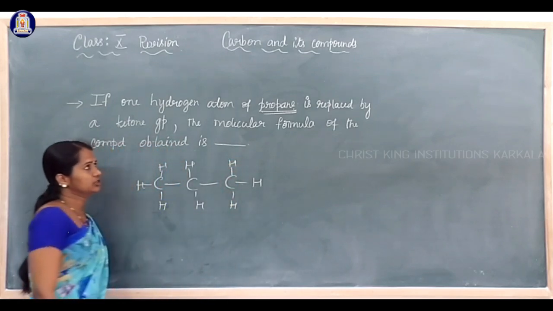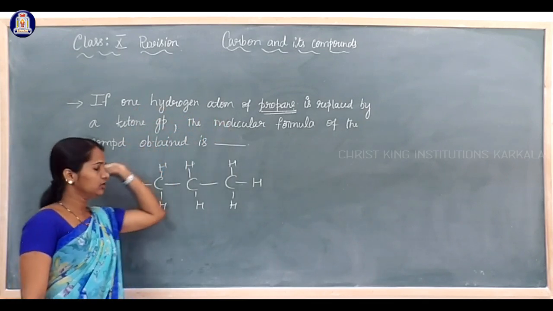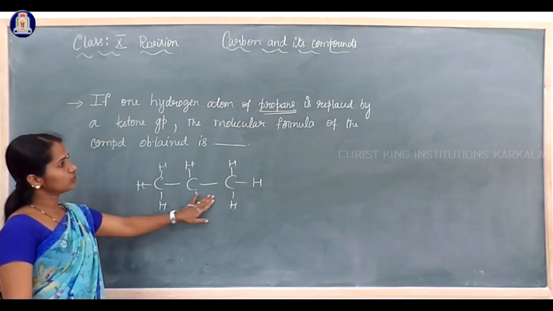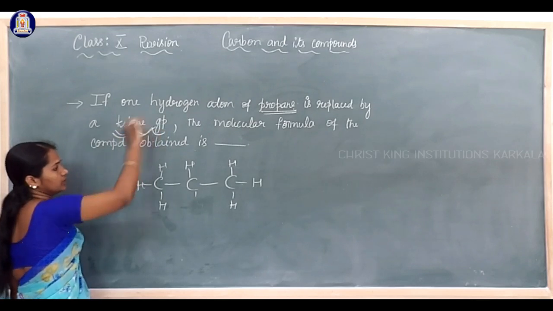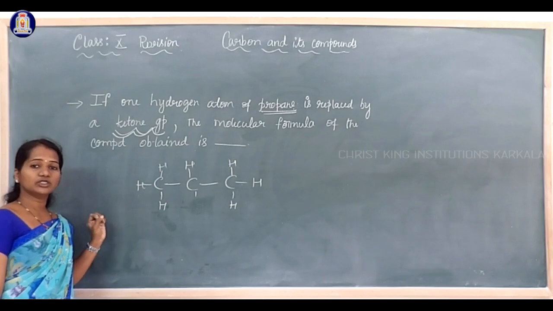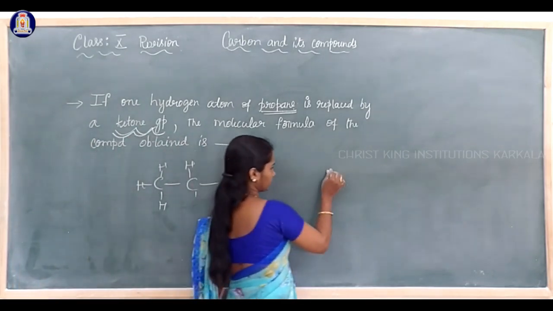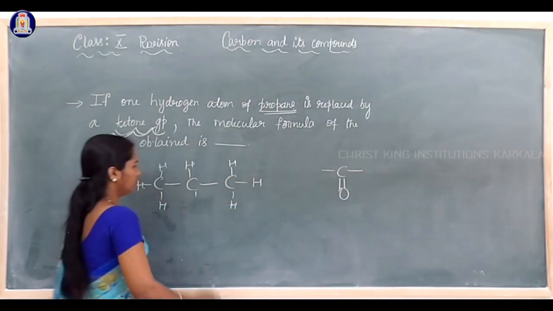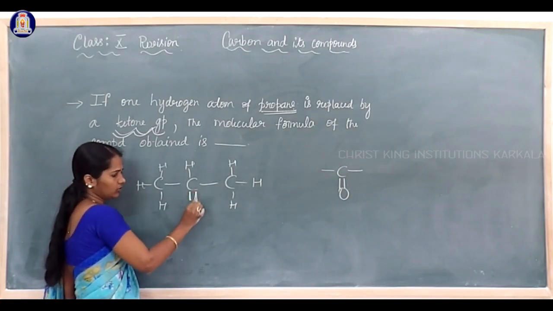In this structure, remove one hydrogen atom and replace it by a ketone group. What is the functional group of ketone? C double bond O. So when you remove hydrogen, you should write double bond O.